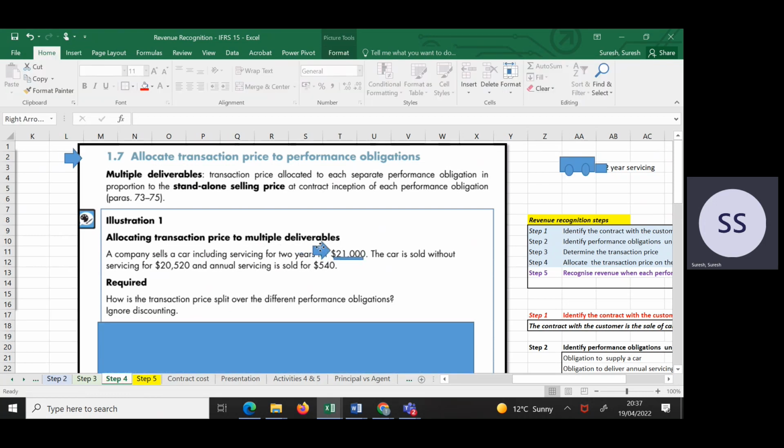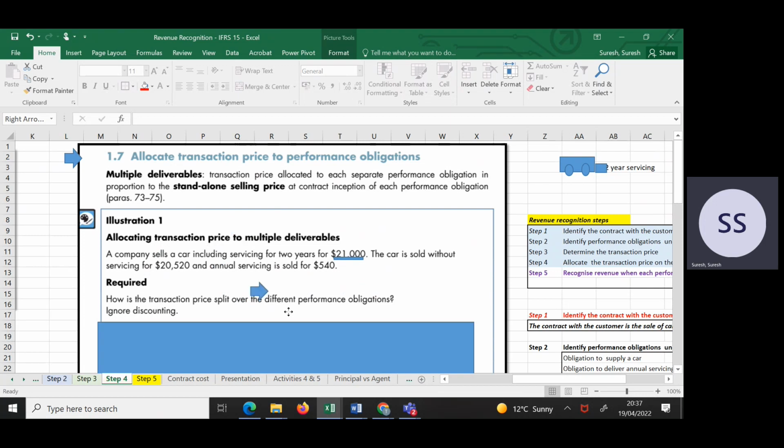The question we have here is that there are two performance obligations connected to this contract. One, the company has to give you the car. When you pay the company, they have to supply the car. That is one performance obligation. The second performance obligation is that they have to service your car for 2 years.